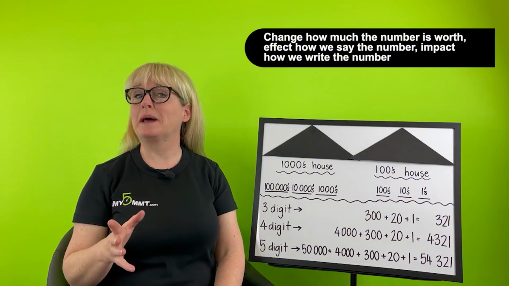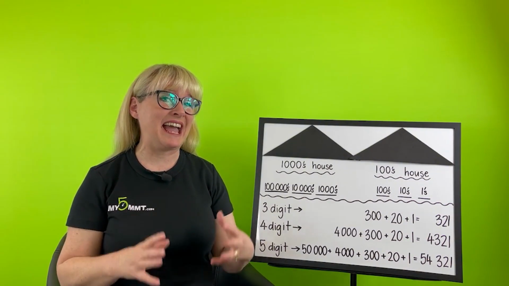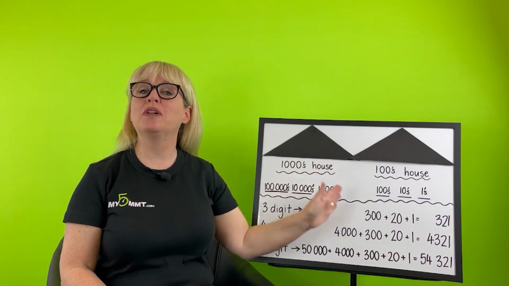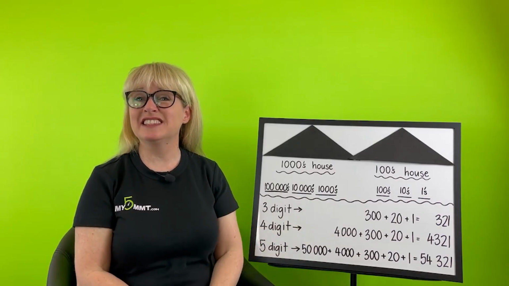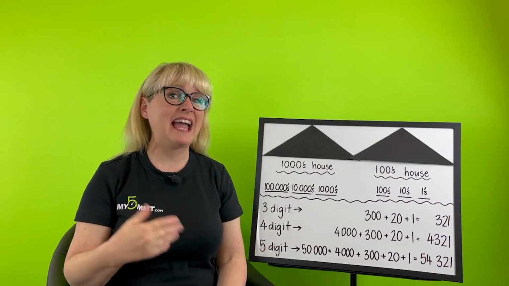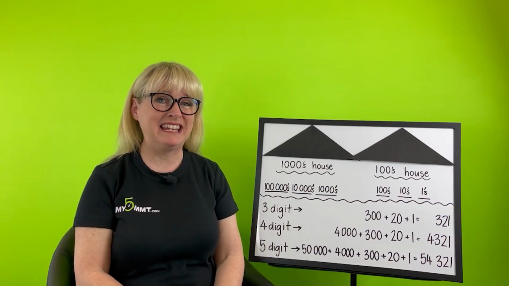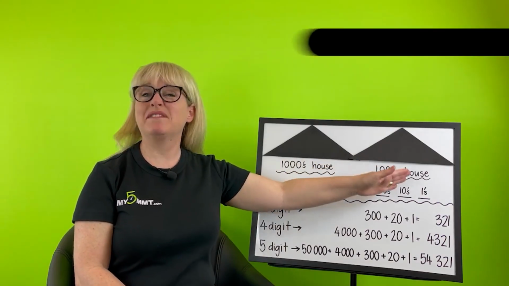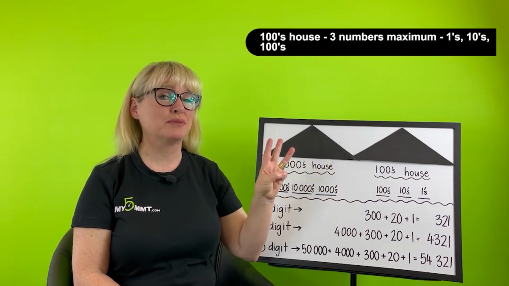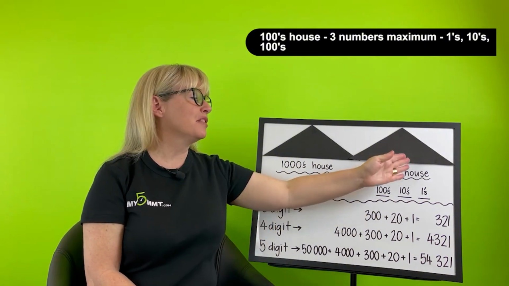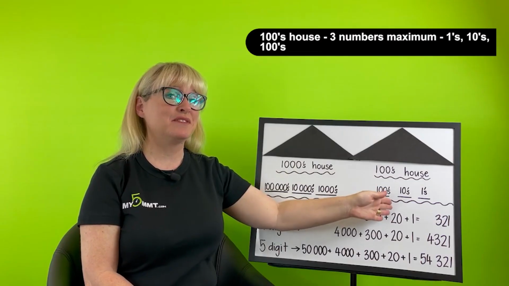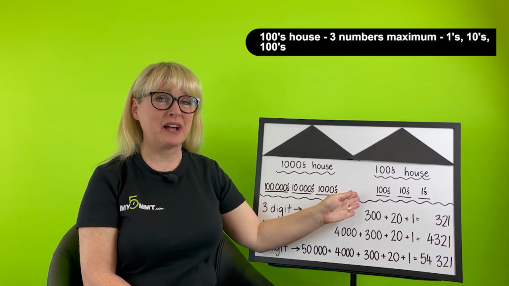Let's have a look at what I mean, starting with our number houses. I like to call the number houses how we group our numbers, and that's useful for us to remember how we write our numbers and read our numbers. First, we have the hundreds house, and there's always 3 numbers maximum in any number house. So we've got the single ones, the tens of ones, and the hundreds of ones.